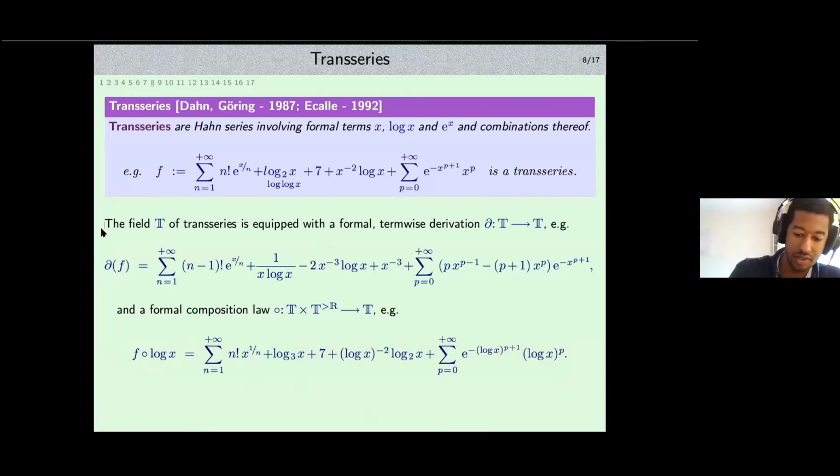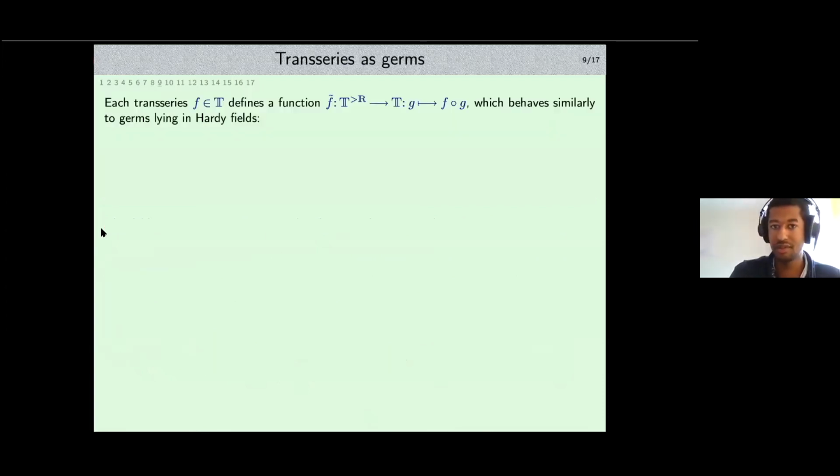And so why do we care about the composition? It is because it allows one to see each function, its transseries, as a function defined on transseries. So you take a positive infinite transseries G, you can plug it into F and you get a function which corresponds to F. And this function is actually really close to germs in Hardy fields.